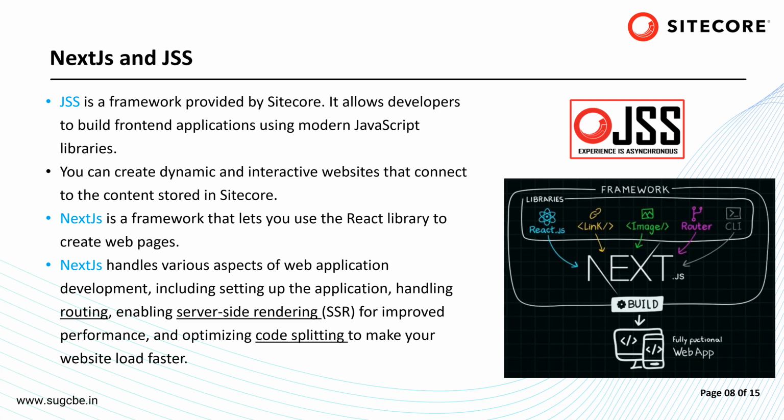So what is JSS in brief? It's a JavaScript framework that Sitecore provides by default, and it enables building modern web applications with JavaScript frameworks like React, Angular, Vue, and Next.js.